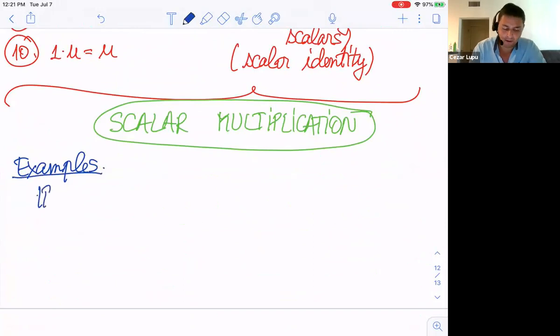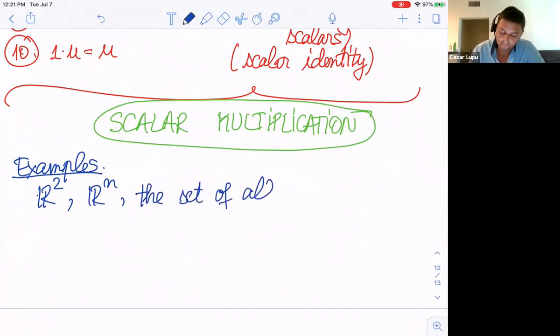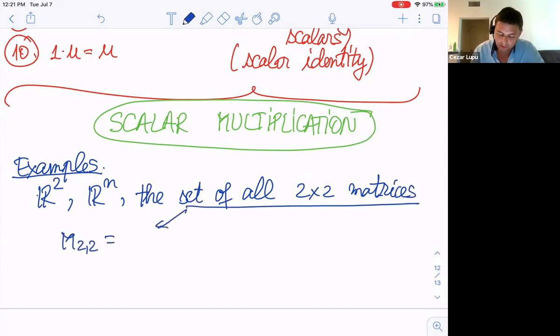For example, R2 is a vector space, or even Rn if you want. Or the vector space of the set of all 2 by 2 matrices, which I denote by M22.